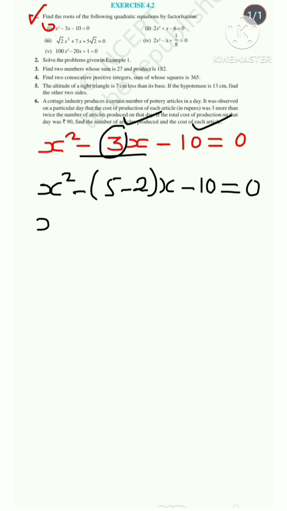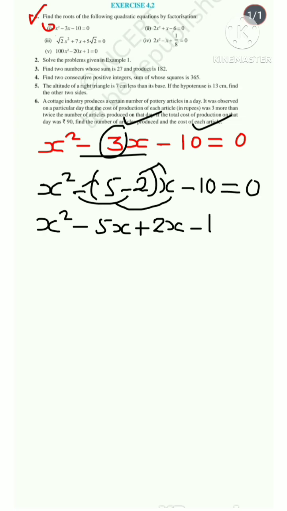Now minus into plus minus, and this x should be multiplied with 5, then we obtain 5x, again minus into minus plus, and this 2 should be multiplied with x, then we obtain 2x minus 10 equal to 0.